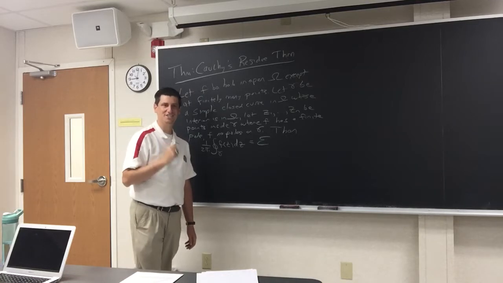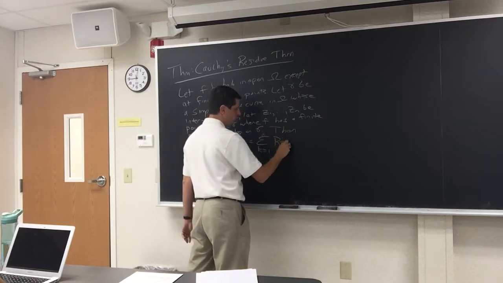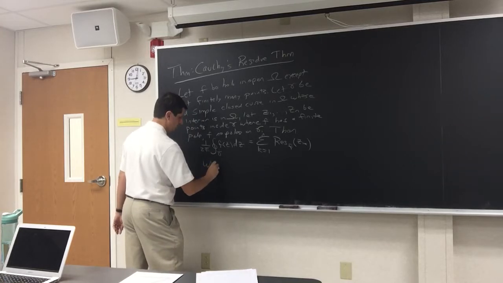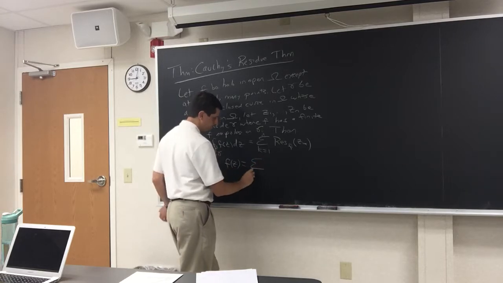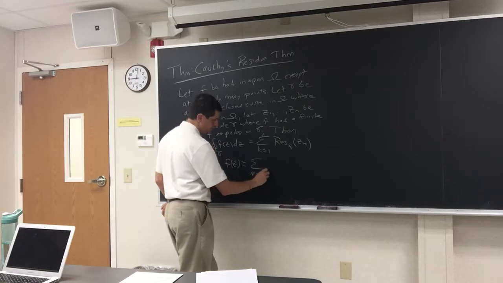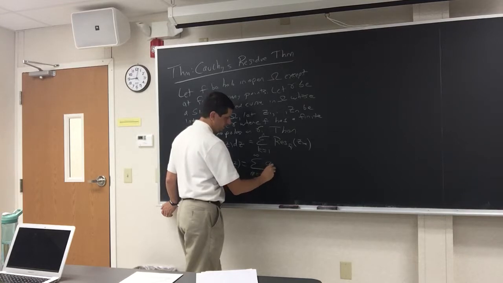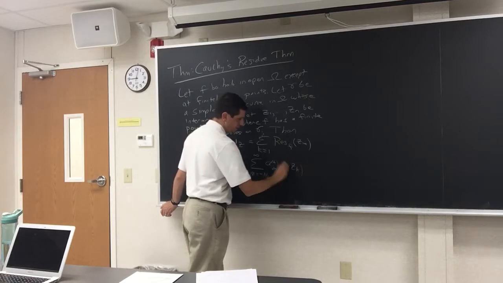Never, ever use i as an index of summation in complex analysis. k goes from 1 to n of the residue of f at zk, where f of z is going to be a sum, m goes from minus n of k to infinity, a_km times z minus zk to the m.